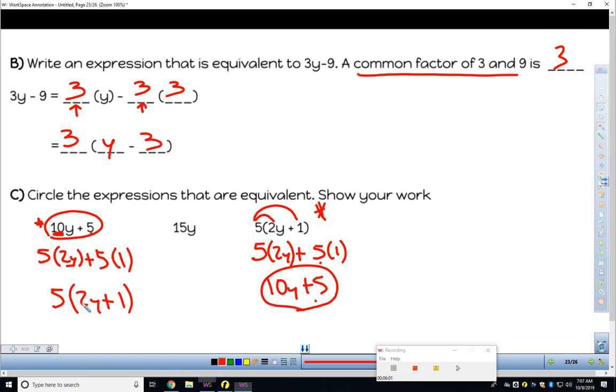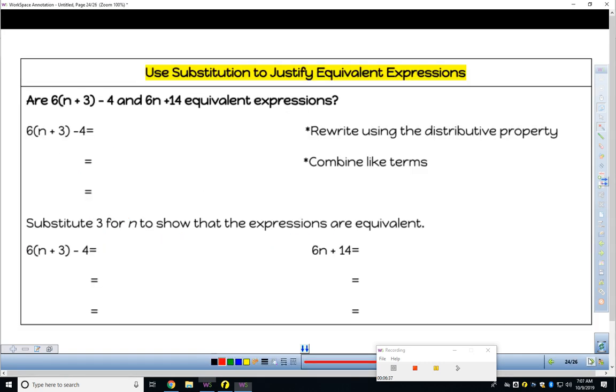What a lot of students are tempted to do is to say that 10y plus 5 is equal to 15y. I want you to know that that's not true because this 5 does not have a y associated with it. Both of the pieces would have to have a y for you to be able to do that.